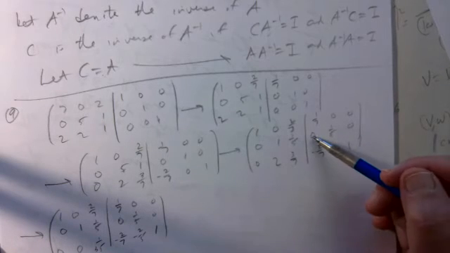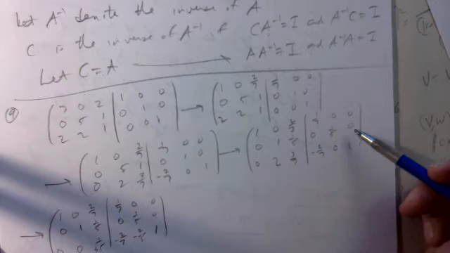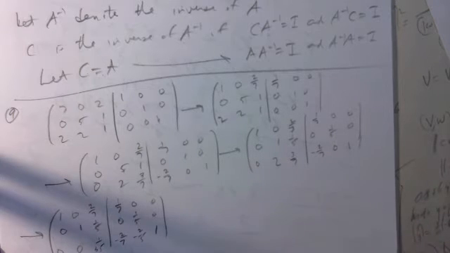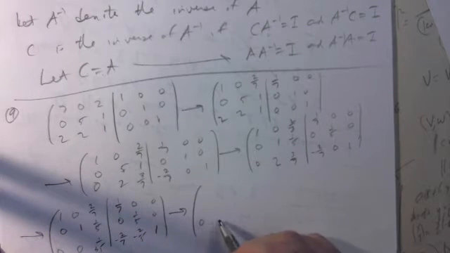So it's minus 2 times this plus this. Yep, okay. And then I want this to be a 1. So I multiply this row by 35. I get 0, 0, 1.